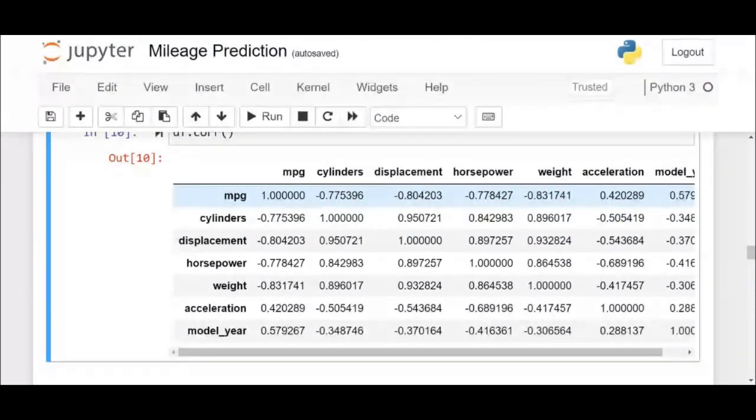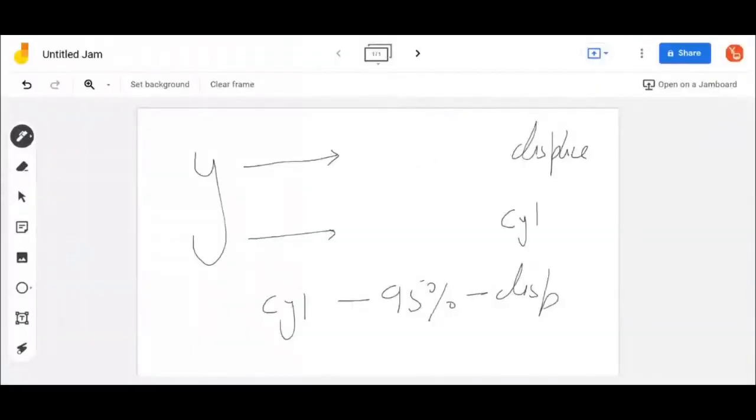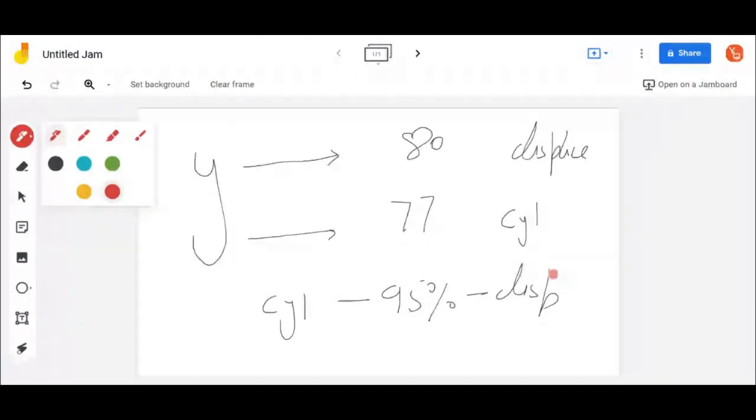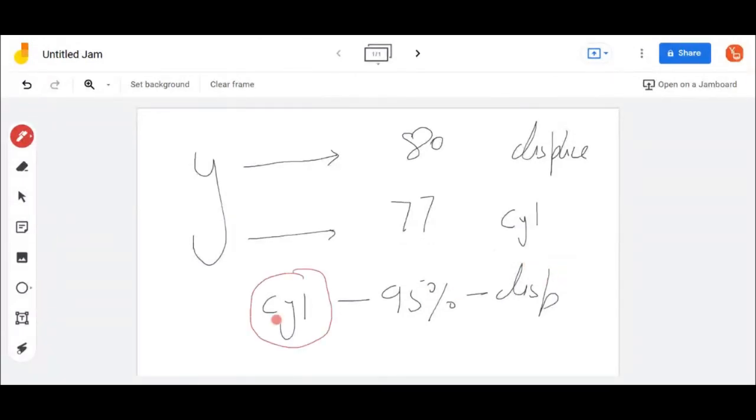Now mileage and displacement are 80 and 77. So you tell me, if I use both the cylinder and the displacement in my model, what will happen?